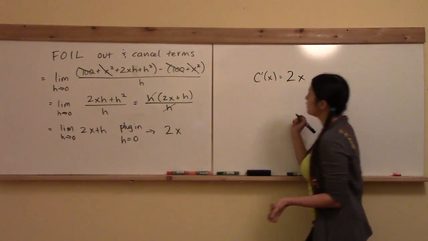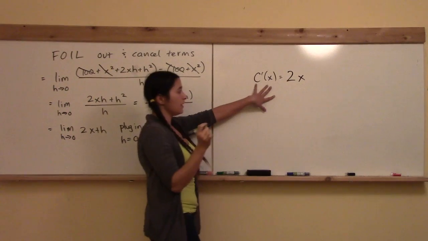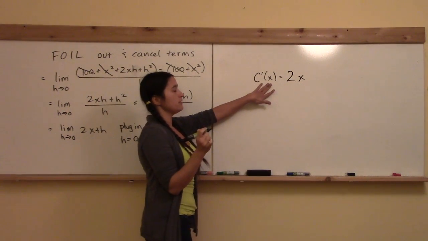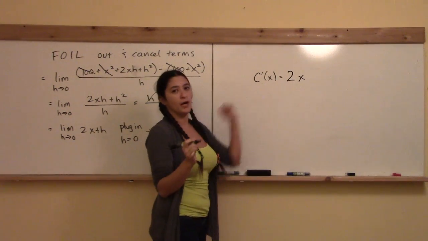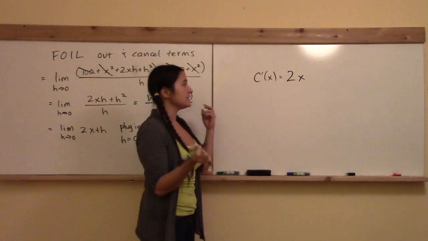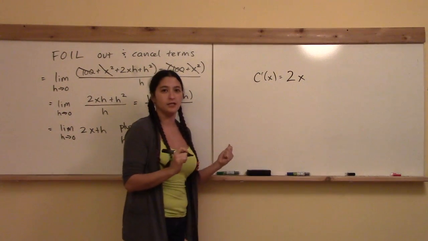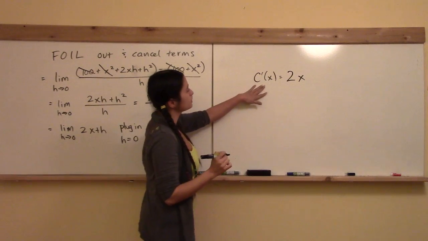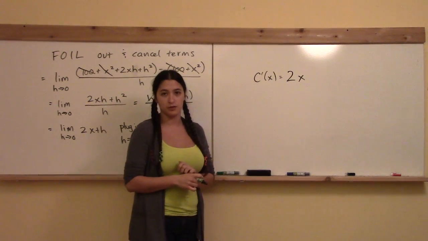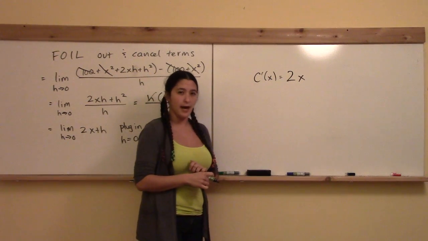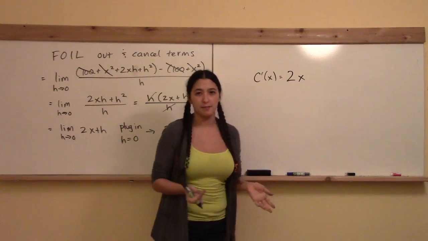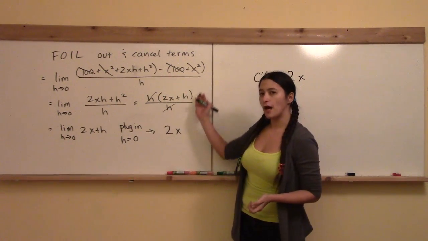So it took us all that work, but it turns out we got the answer: the derivative of c is equal to 2x, all right? This is the instantaneous rate of change of the cost function with respect to the number of items produced. And just like the average rate of change, it's going to have the same exact units because it's derived as a ratio.